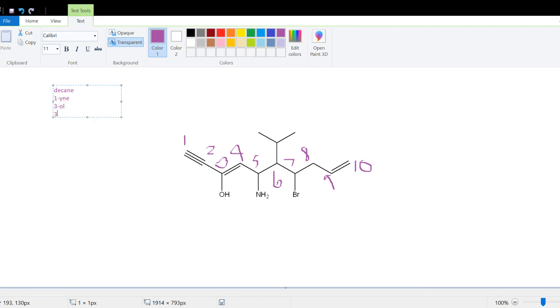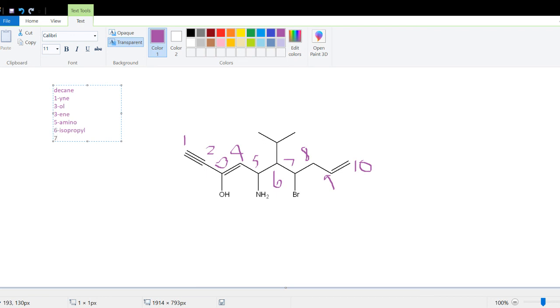There's a 3-ene also, because that's where the double bond starts. I have a 5-amino group because the amine does not have priority over a hydroxyl group. It will be named as a prefix. At carbon 7, I have an isopropyl group. No, I'm sorry, that was at carbon 6, I'm sorry.